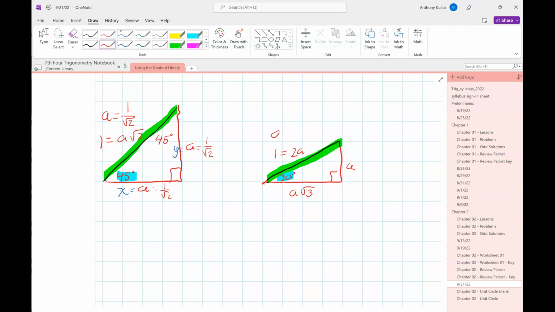What does that mean that a has to be then? 1/2. So this side needs to be 1/2. Remember, the horizontal side is my x, and the vertical side is my y.